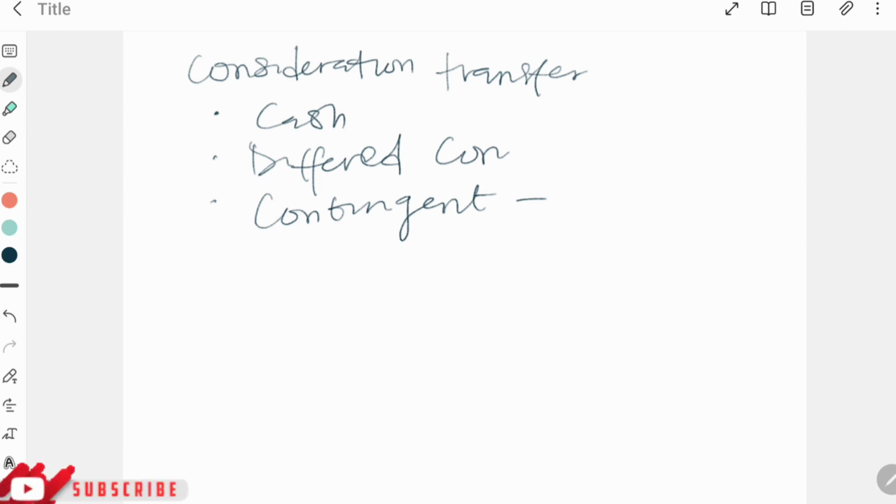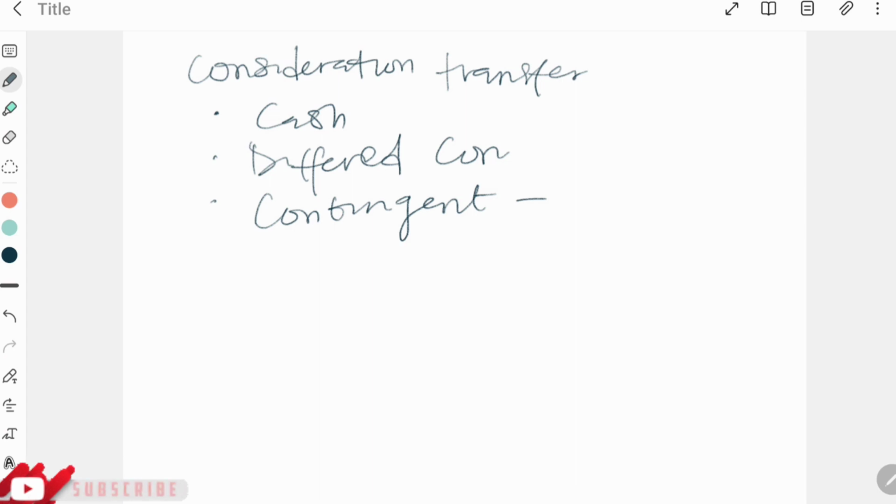Say if the company that you're acquiring makes a certain amount of profit, say 20% more in profit, then you're going to have to pay additional consideration. When acquiring this company, there are different types of consideration, and these are some of them.